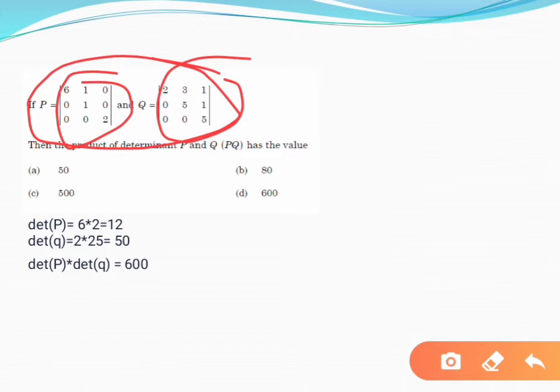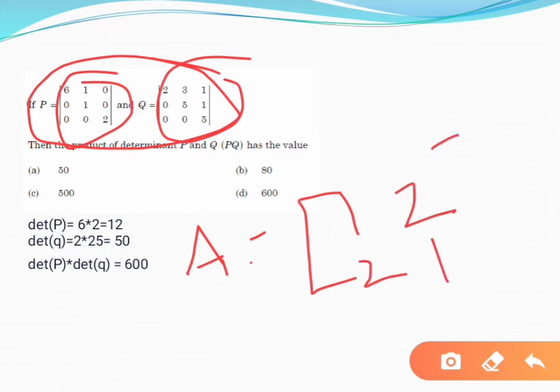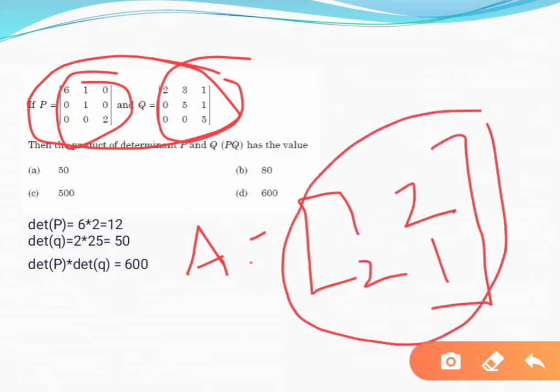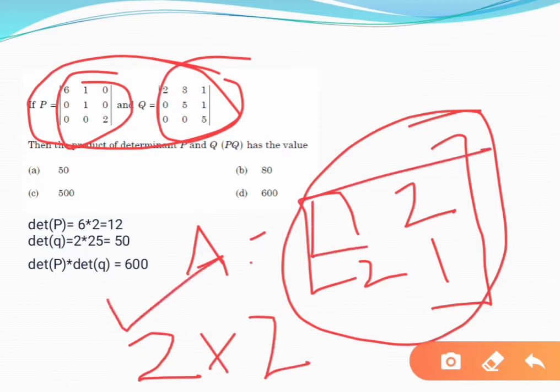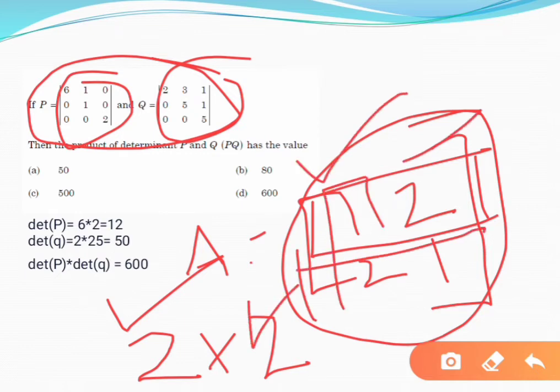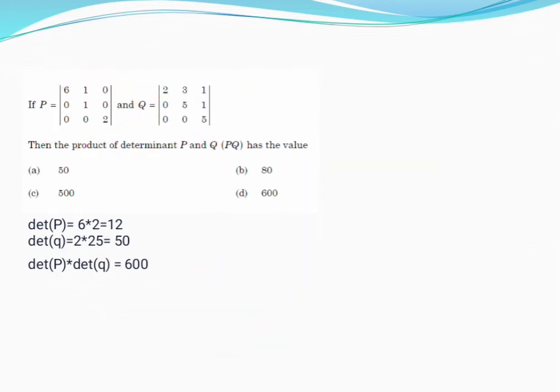That means if we say A is the matrix 1, 2, 2, 1, it is a square matrix because its order is 2 into 2. 2 is the number of rows, as you can see, and 2 is the number of columns. So a square matrix has an equal number of rows and columns.